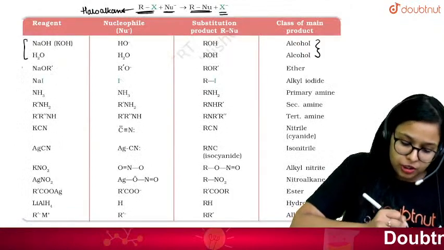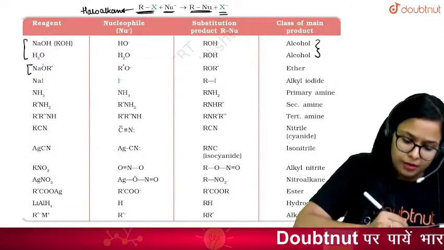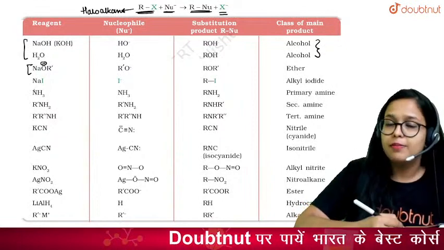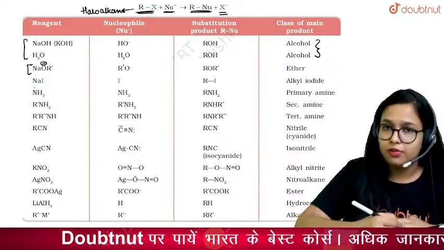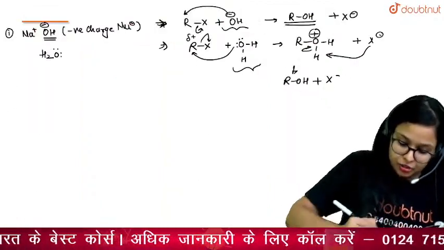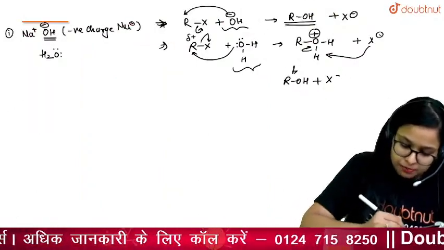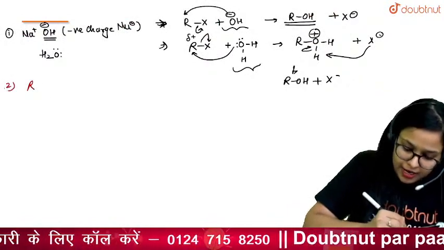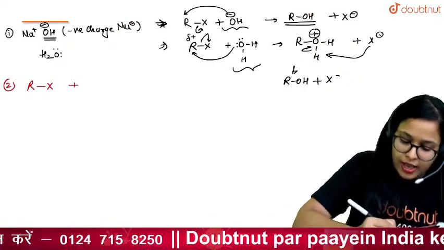Now to form ether, you use NaOR dash. NaOR dash exists in the form of Na positive and R dash O minus. Again in this reaction, R dash O minus participates as a nucleophile, and RX is your haloalkane.